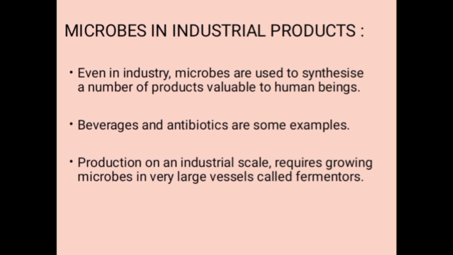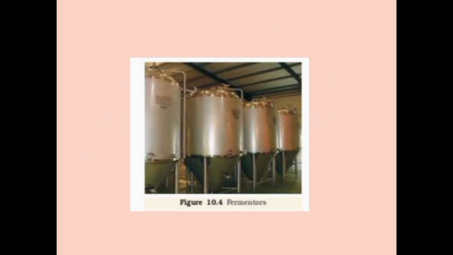For large scale production, microbes are grown in large vessels which are called fermenters. This is the fermenter which you are seeing now. These are the large vessels, usually used in industries.